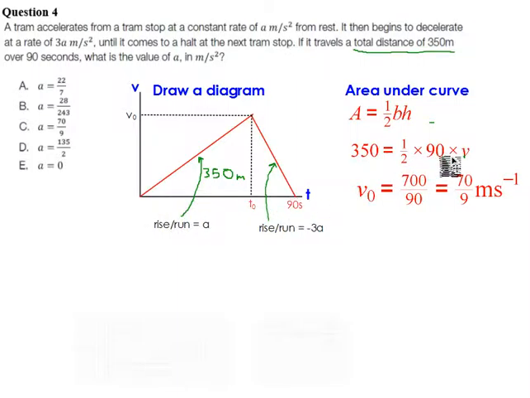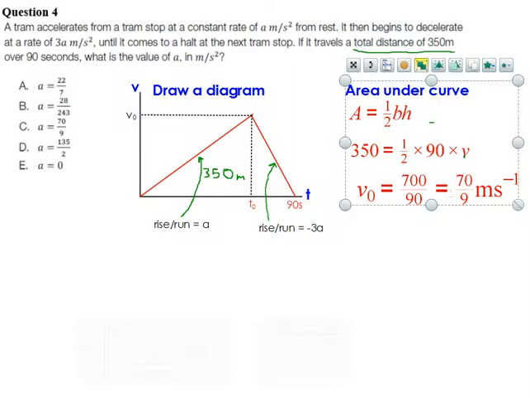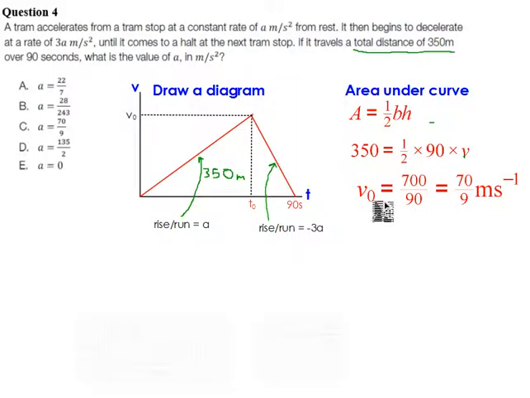And the height of the triangle is your V0, it's this one here. So using that we can rearrange and solve for the velocity. Maximum velocity achieved is 70/9.